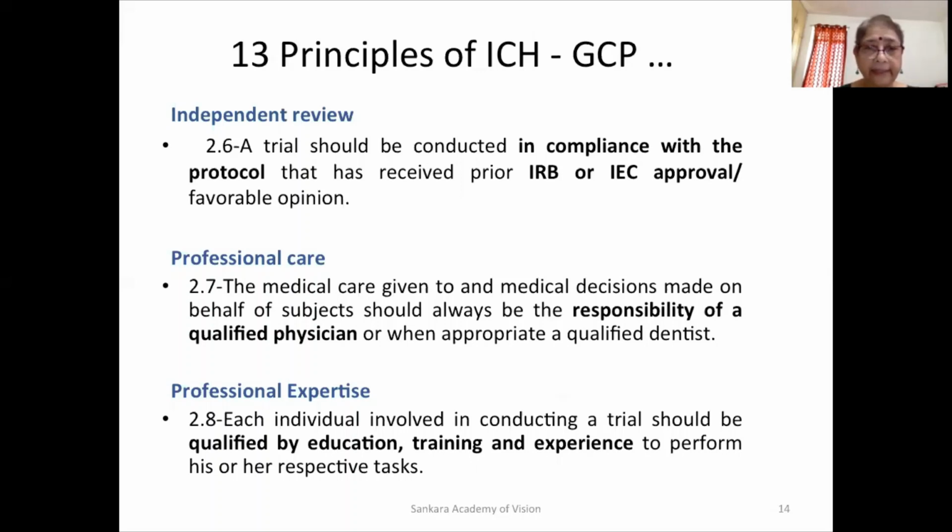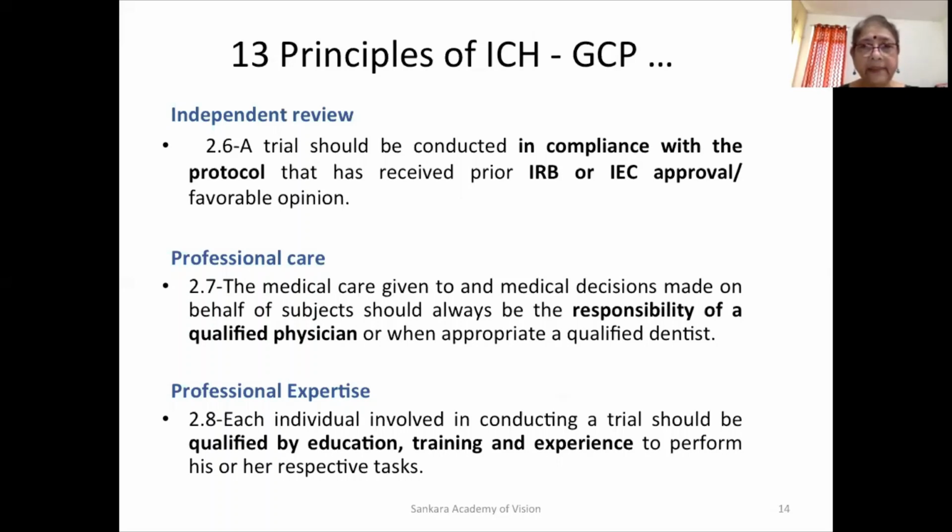It should not be like that. The physician should be able to give the appropriate medical care, whatever is needed, when the participant or the subject is under your care as a participant or a research subject. And this is also applied to a qualified dentist.